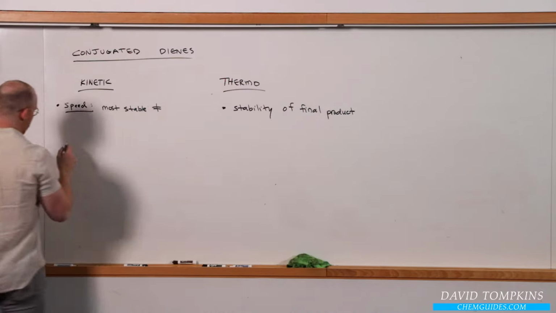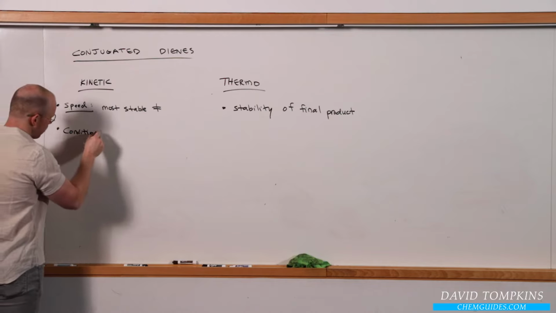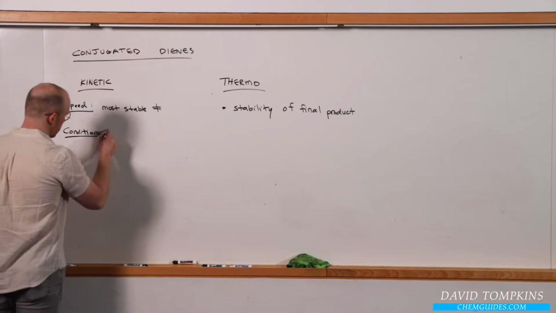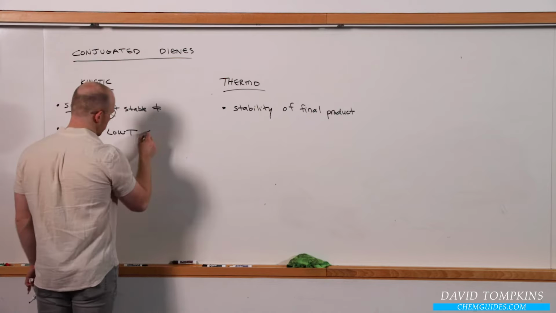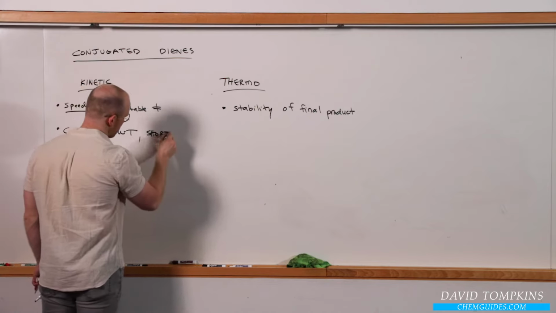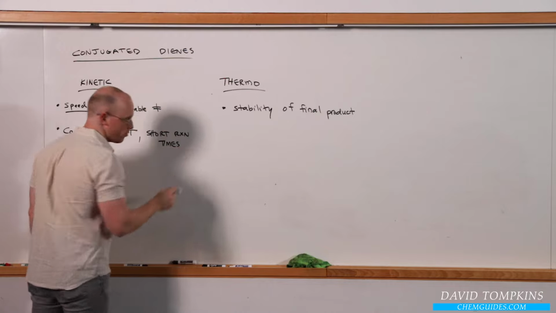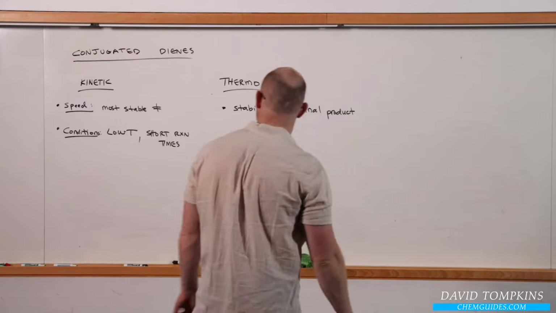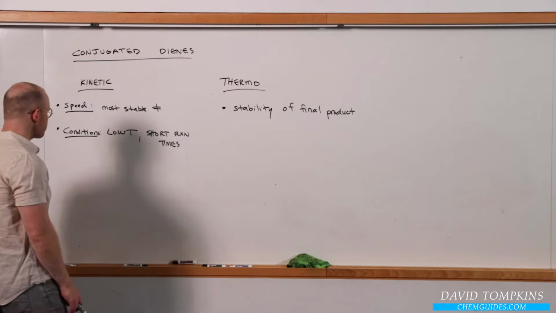So kinetic control is generally indicated by one or two reaction conditions. Low temperature and/or short reaction times. And there's no general rule for what's a low temperature for all reactions. It's reaction specific, but we'll make that very clear in the examples.